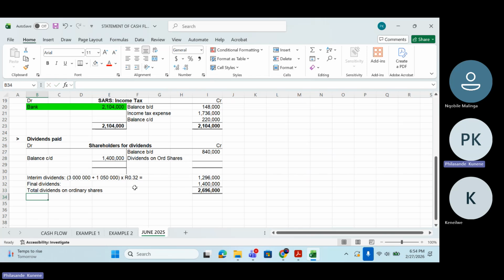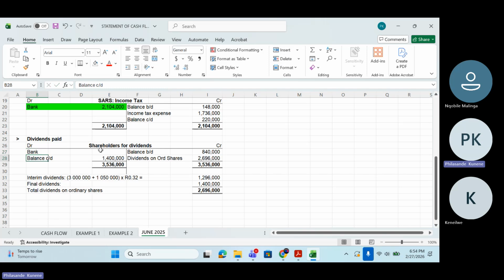Okay. Then what do I need to do now? I need to take this 2,696,000 rands and put it there as my dividend on ordinary shares. Then I get my total, and I get my total this side as well. And then how much am I going to have as my bank?